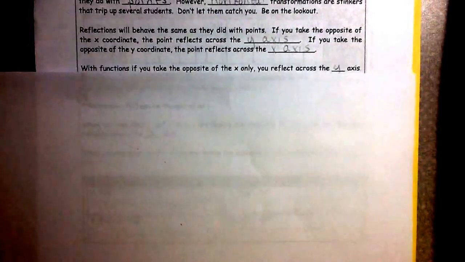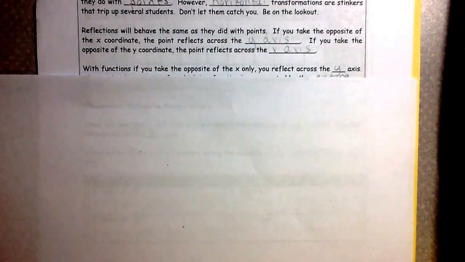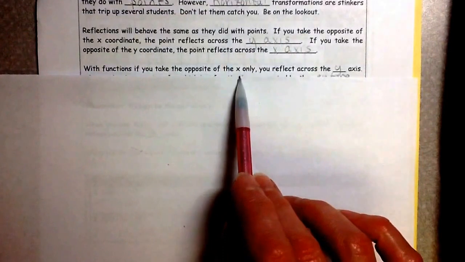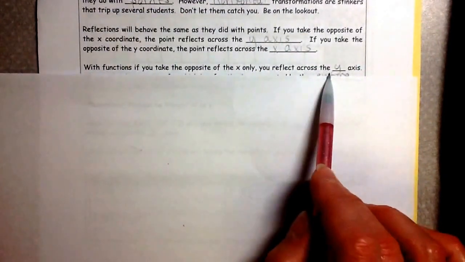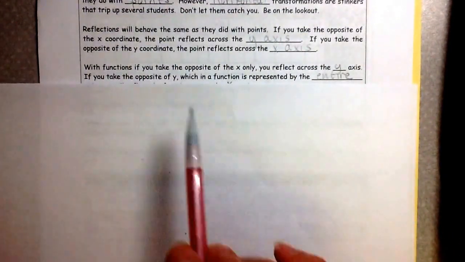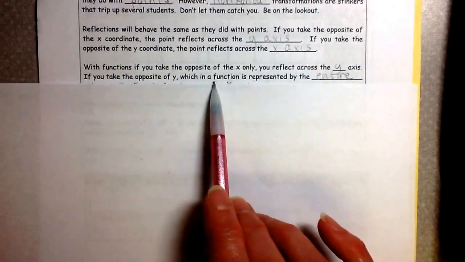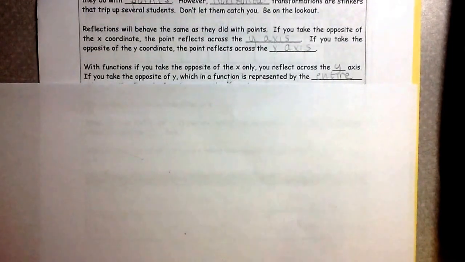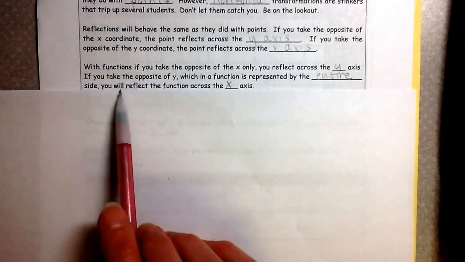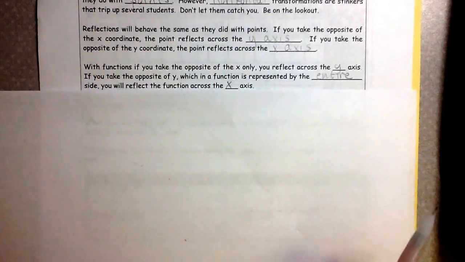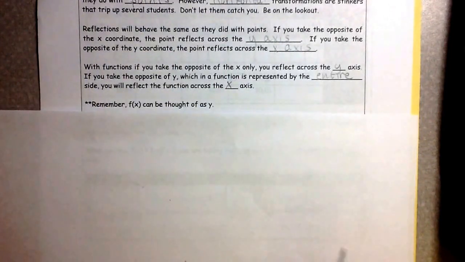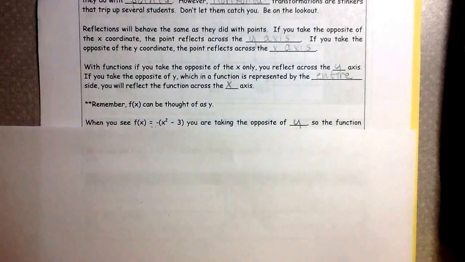Well, we don't have points with functions. So with functions, if you take the opposite of the x only, then you reflect across the y-axis. If you take the opposite of the y, which in a function is represented by the entire side of the equation, you're going to reflect it across the x-axis. So remember, f of x can be thought of as y.